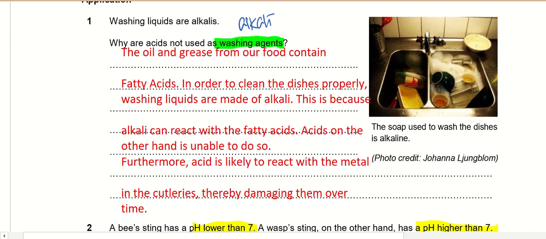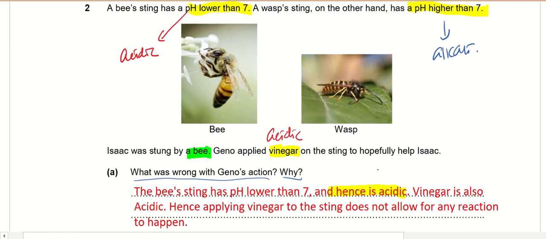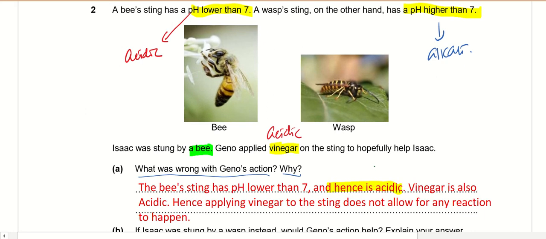Why do we use alkaline instead of acids? Well, if you think about this question here, it kind of gives you a hint. We do not use vinegar, which is an acid, to treat bee sting because the bee sting is acidic to begin with. So acid and acid, no reaction, right? So it kind of gives you a hint.